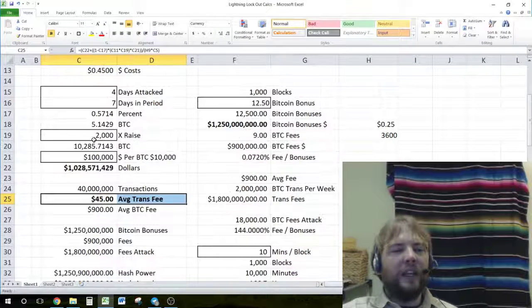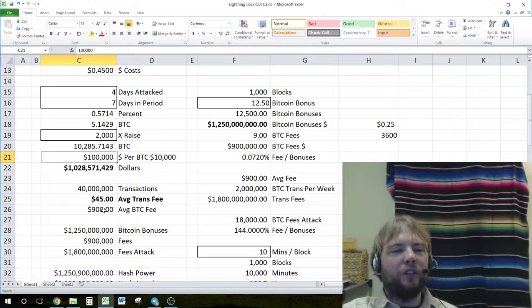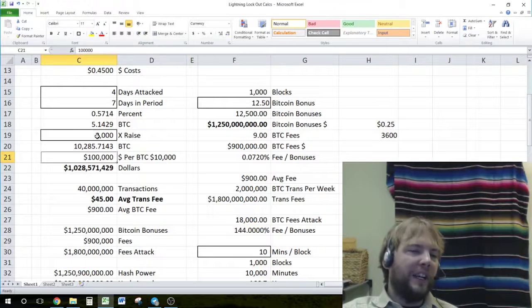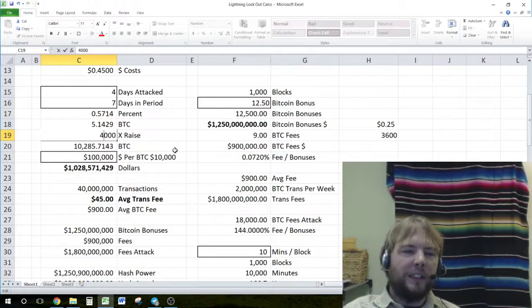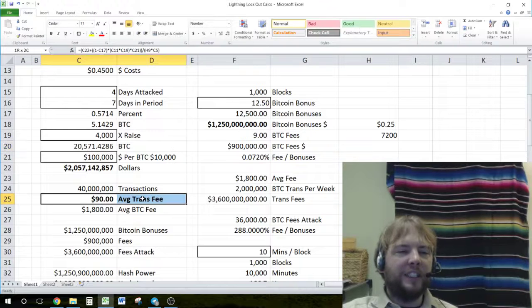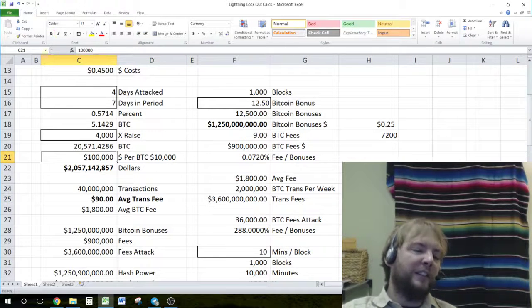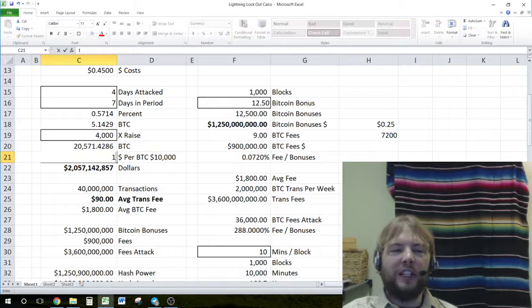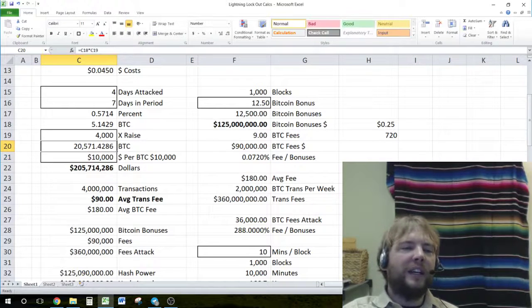Then, even though you're creating a huge attack on the network, since people are already batching transactions, the average transaction fee would only go up to $90 or thereabouts for a $2 billion attack.